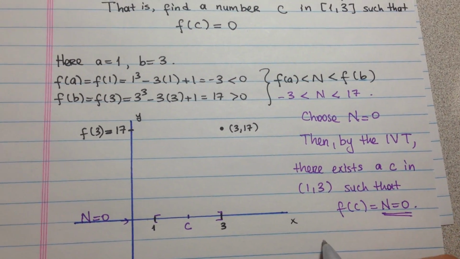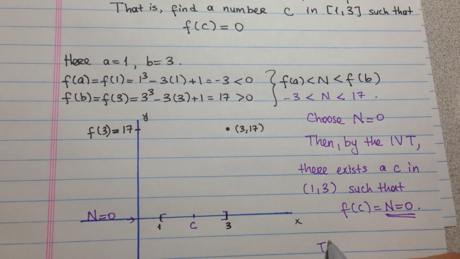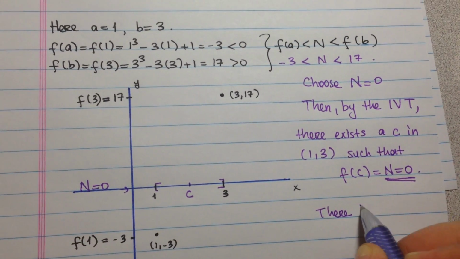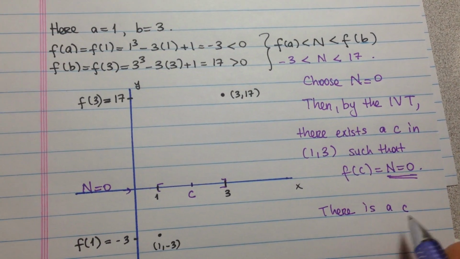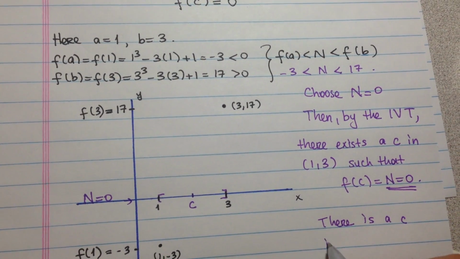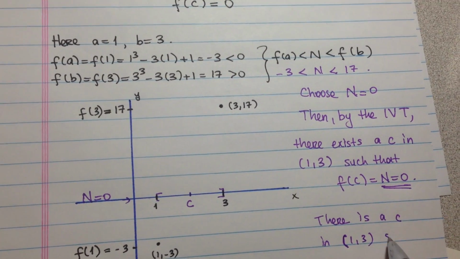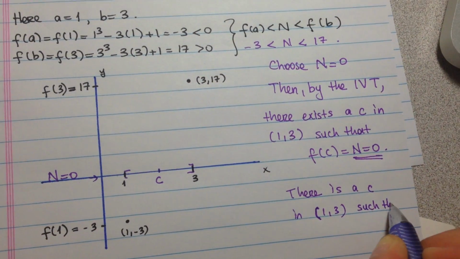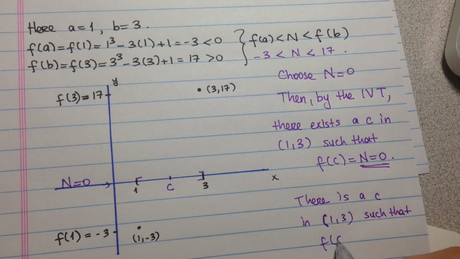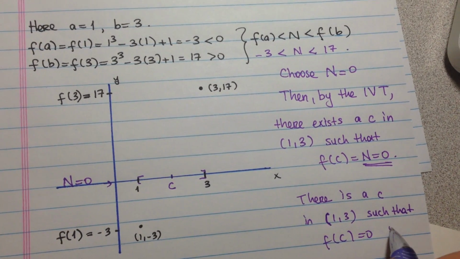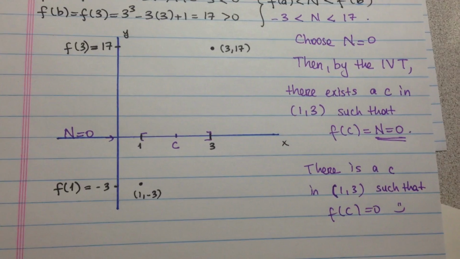So you know that there exists this c in the interval 1 to 3 such that f(c) equals 0. That's good. So we just finished the problem.